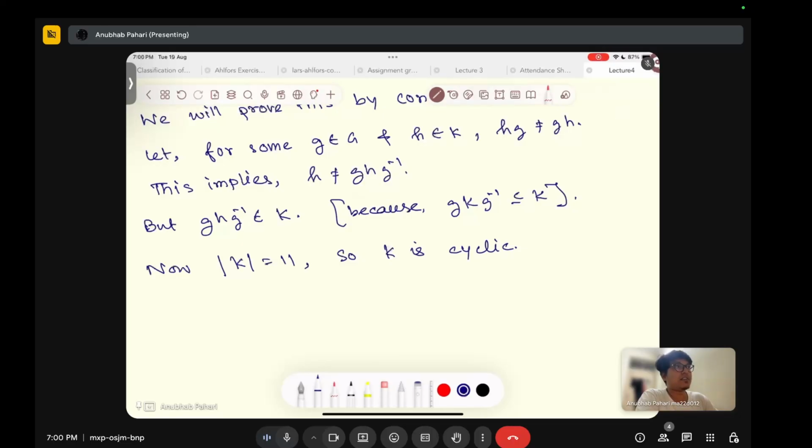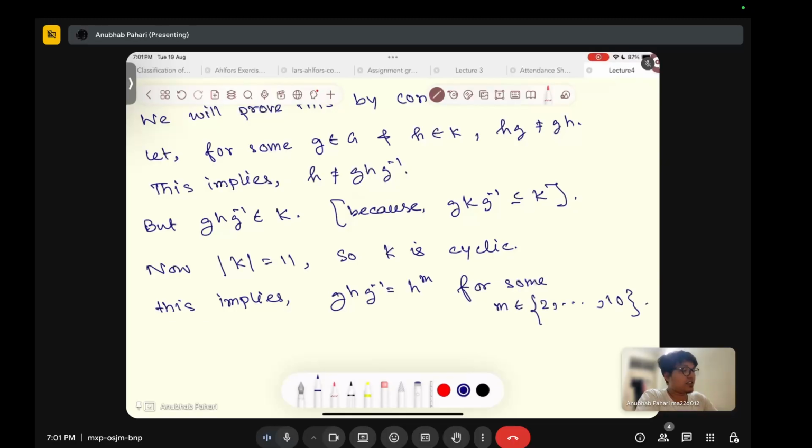And this implies g h g inverse equals h to the power m for some m belongs to 2 to 10. Can you tell me why this is happening?